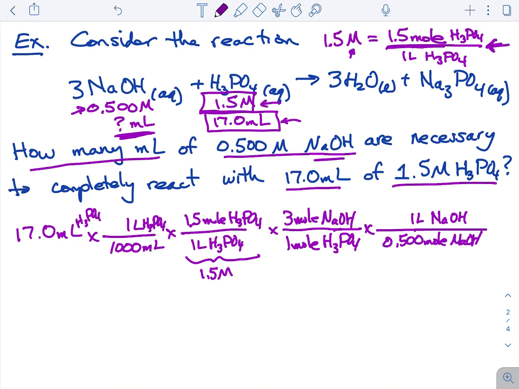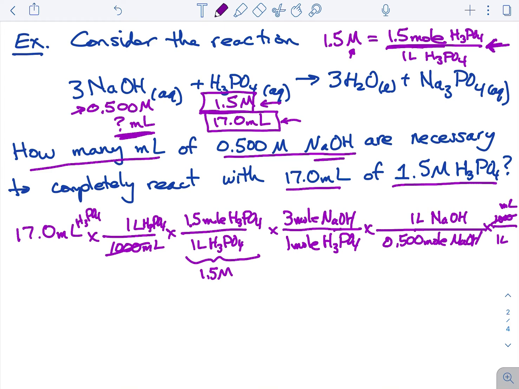We can flip conversion factors all day. It's like you can have 100 centimeters over a meter or 1 meter over 100 centimeters. It doesn't matter. And then we've got one more step here because we've got to go back to milliliters. The nice thing here is that the thousands cancel because you've got one in the numerator, one in the denominator. You don't have to actually punch that in.